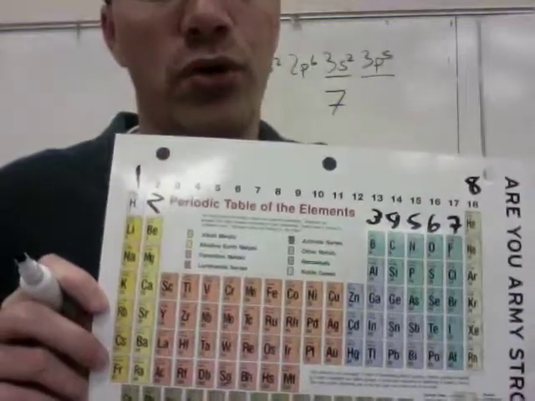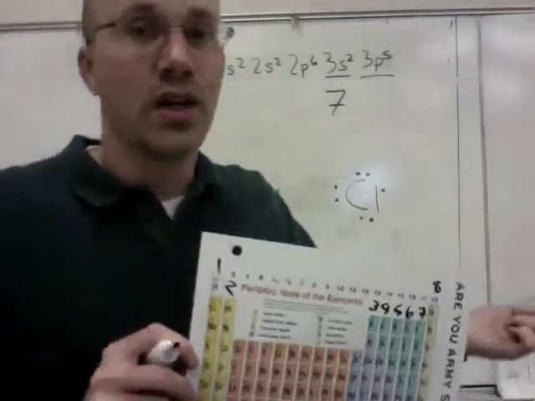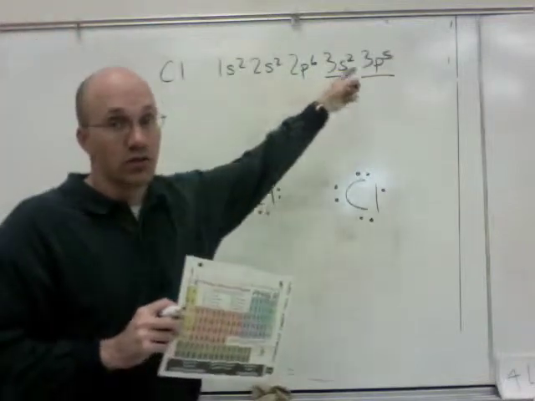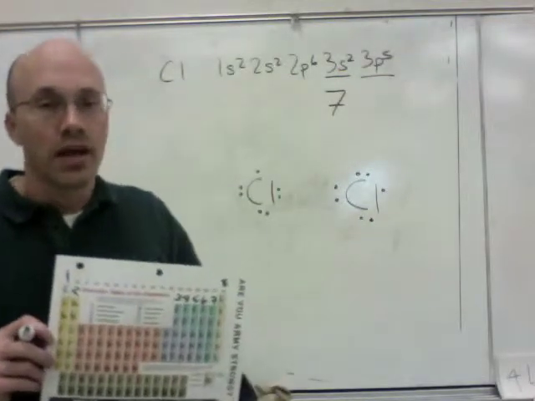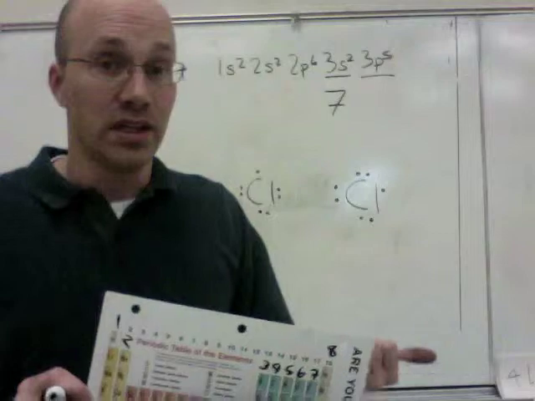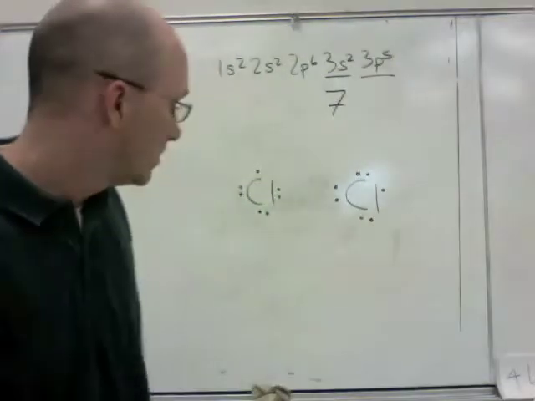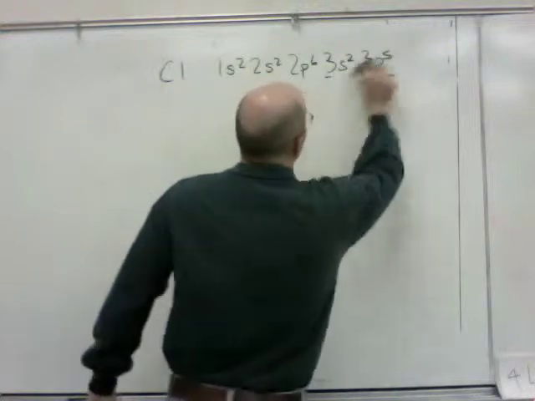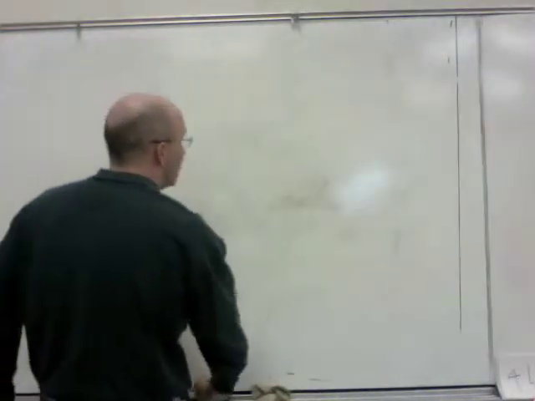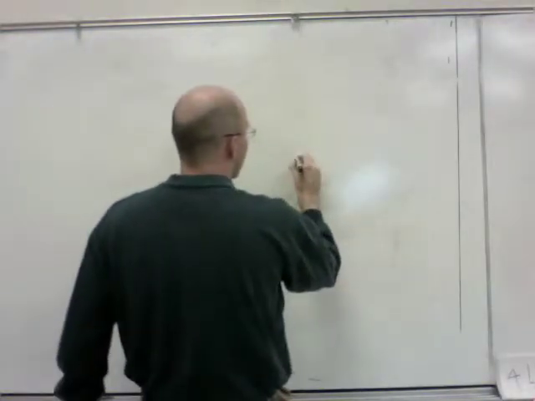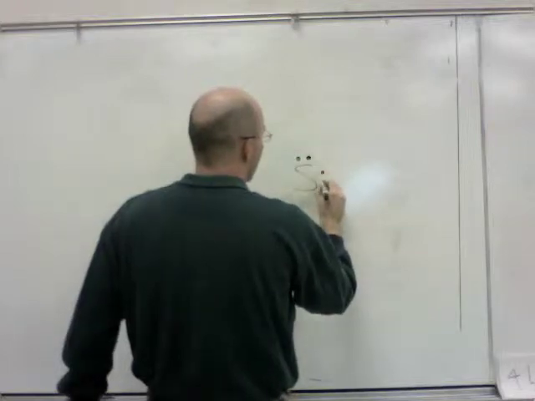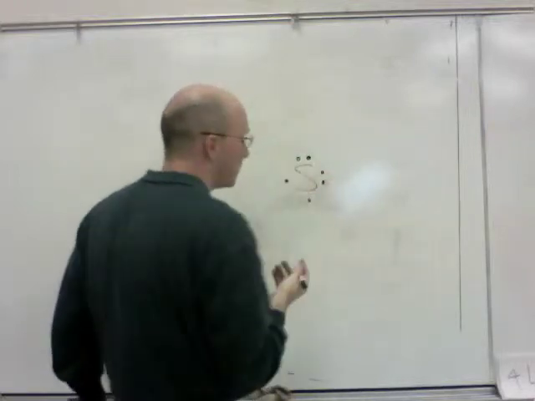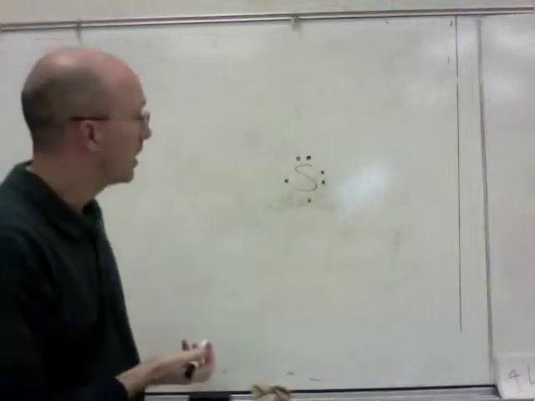All right. If you wanted to prove it to yourself, do the electron configuration for sulfur just like we did for chlorine. Count the number of valence electrons. It should be 6. All right. So for sulfur, it would just be like that. Okay.